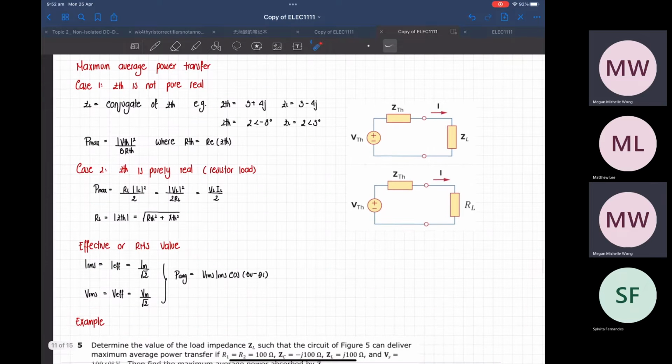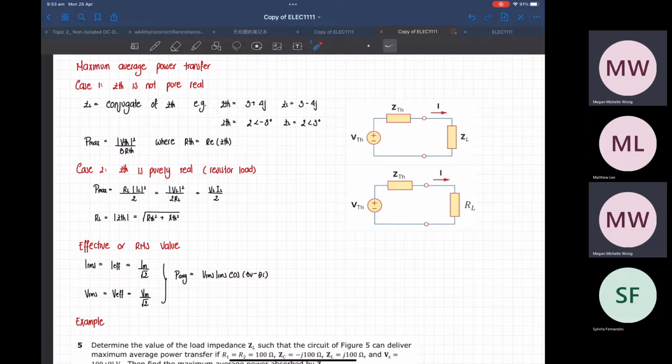One hard thing that you guys have is the maximum average power transfer. You have two cases. The first case is when your Z Thevenin is not pure real, so your ZL is complex. The question on the final will probably label it as Z or label it as R, or sometimes it will just ask you to calculate it and let you find out by yourself.